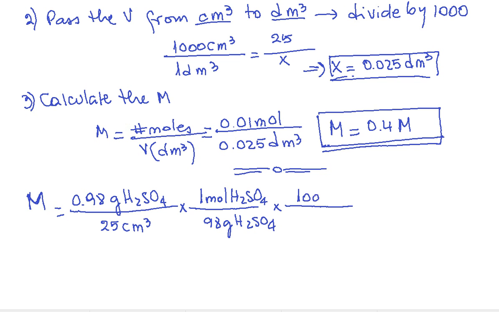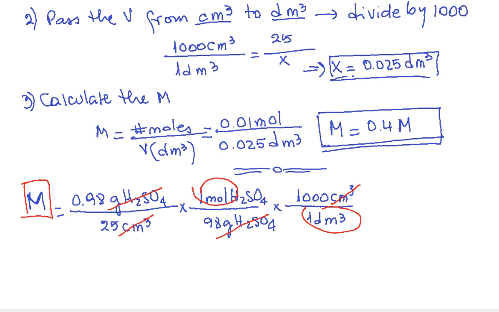I know that 1000 centimeters cube is equals to 1 decimeter cube. When I take my units and I cancel what I can, in this case, grams with grams and centimeter cube with centimeter cube, I basically have the numbers that I have, and the units are going to be moles of sulfuric acid divided by decimeter cube, which are the ones that we want in the molarity expression.